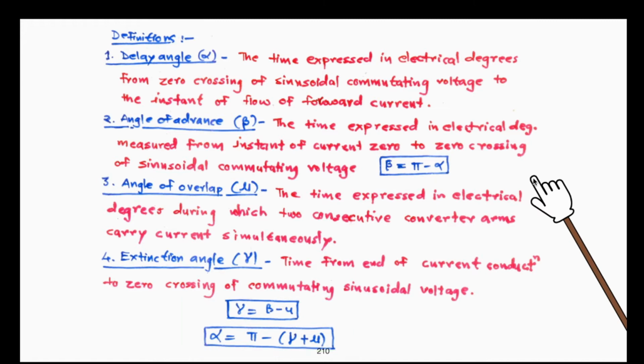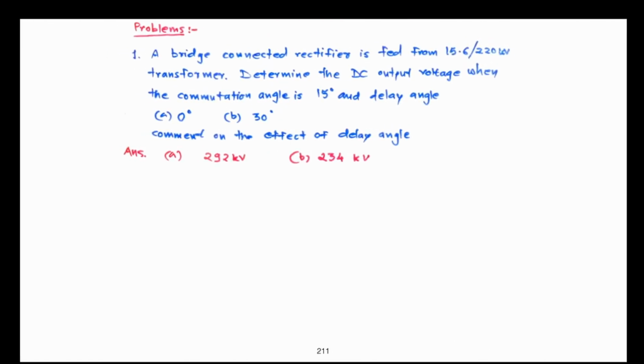Let us try out these equations in the form of some numerical examples. The first question to be solved is where there is a bridge rectifier fed from a 15.6/220 kV transformer, and we have to determine the output DC voltage for a commutation angle equal to 15 degrees and two different delay angle values, 0 degrees and 30 degrees.